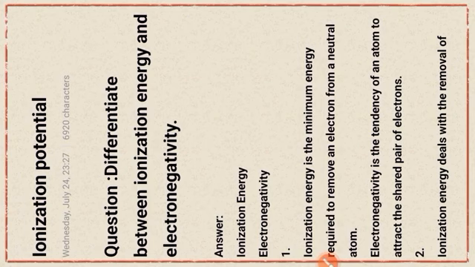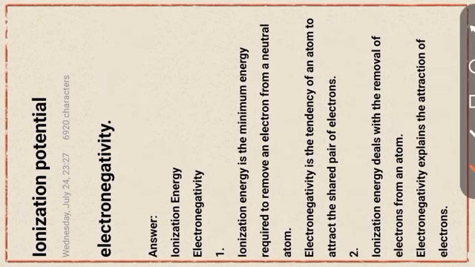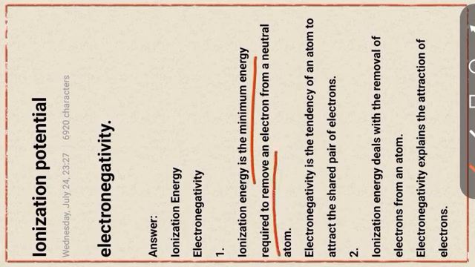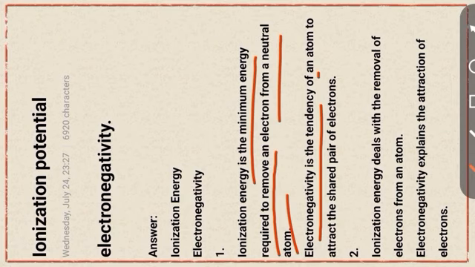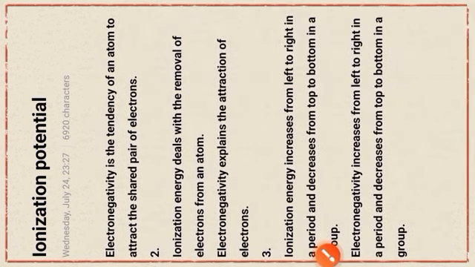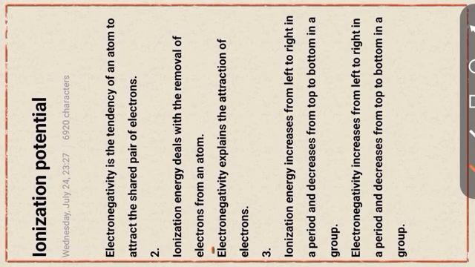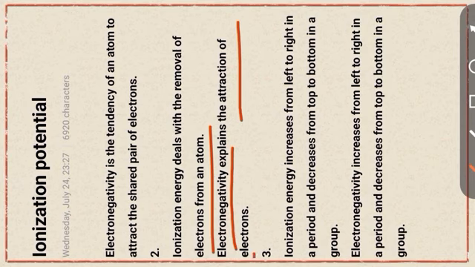First point: ionization energy is the minimum energy required to remove an electron from a neutral atom, but electronegativity is the tendency of an atom to attract the shared pair of electrons. Next point: ionization energy deals with the removal of electrons from an atom, but electronegativity explains the attraction of electrons.